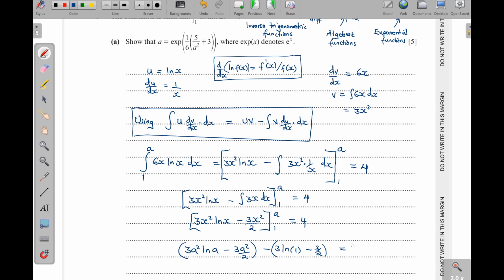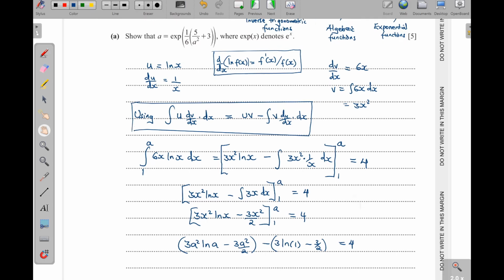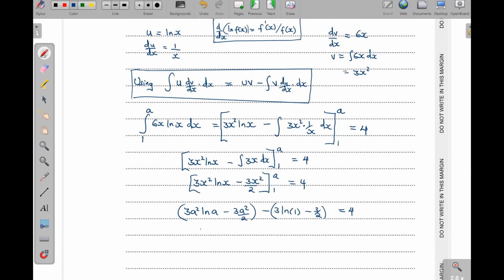Then this one is equal to 4. Now, this one is 3a squared natural log of a minus 3a squared over 2. Then, of course, this one is a 0, so the sign is affected. It becomes positive. So plus 3 over 2 is equal to 4.